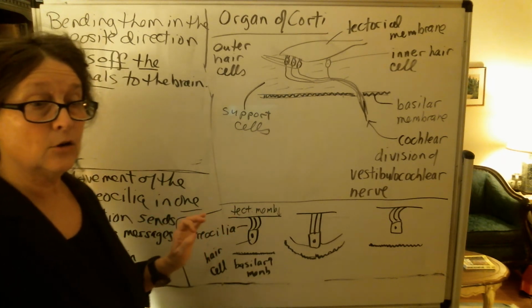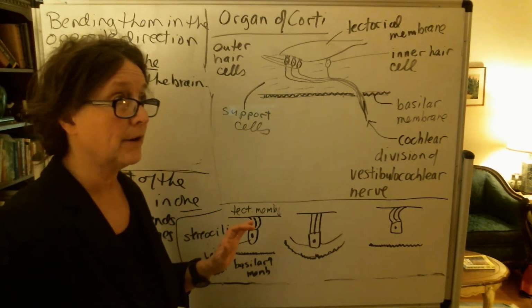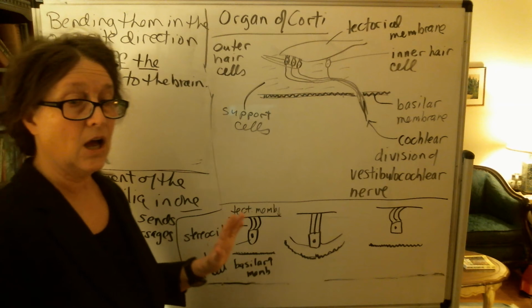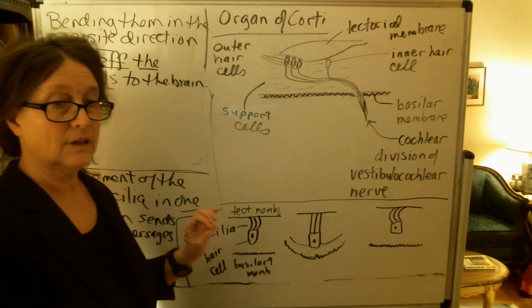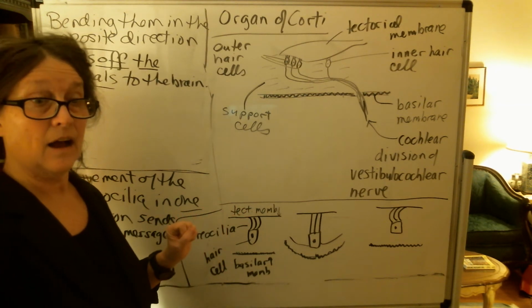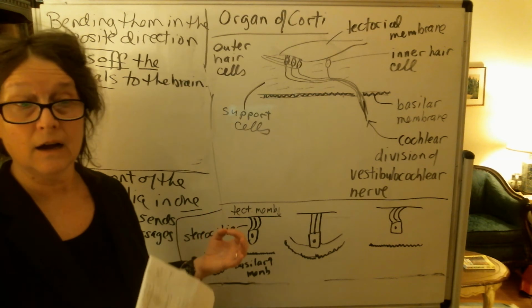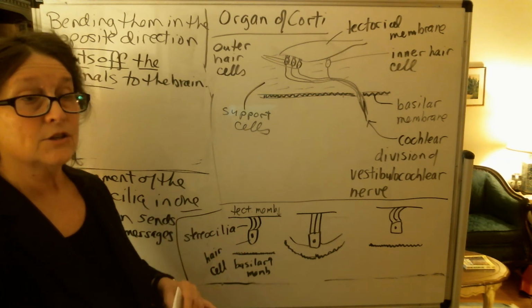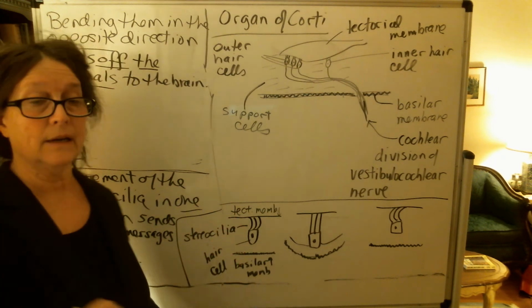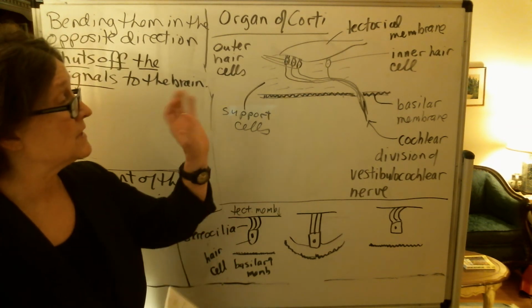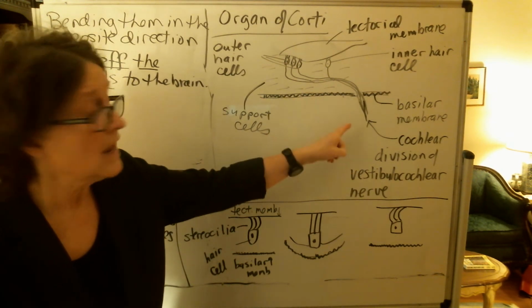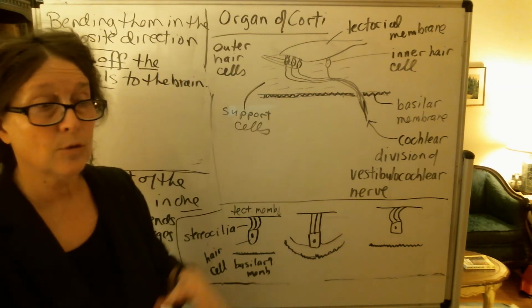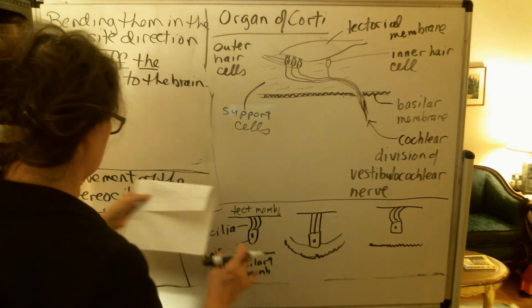So at a low frequency, it will go on, off, on, off, on, off. At a high frequency, that is to say, a high sound, it will go on, off, on, off, on, off, on, off, on, off. So that then is how hair bending translates into frequency of nerve signals that can then be sent to the brain by way of nerves.